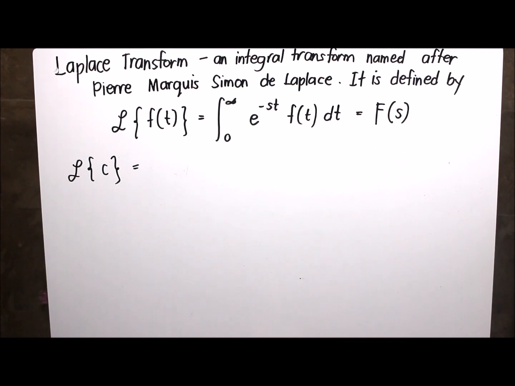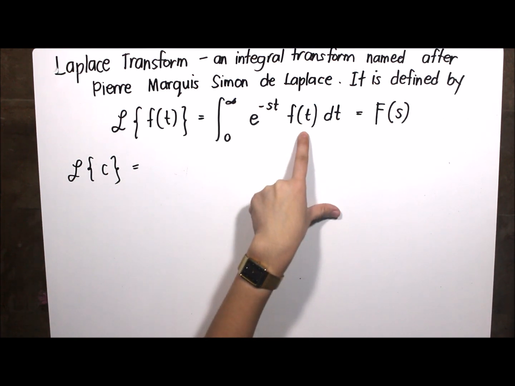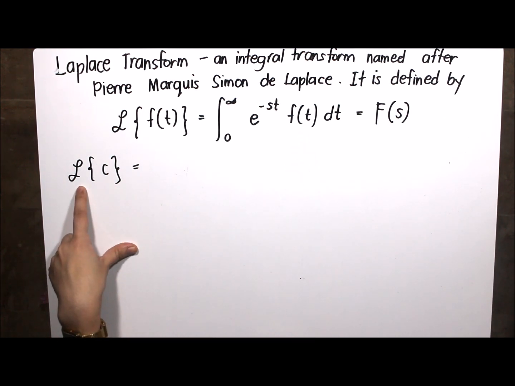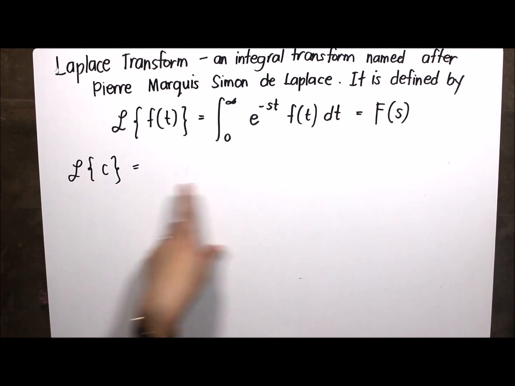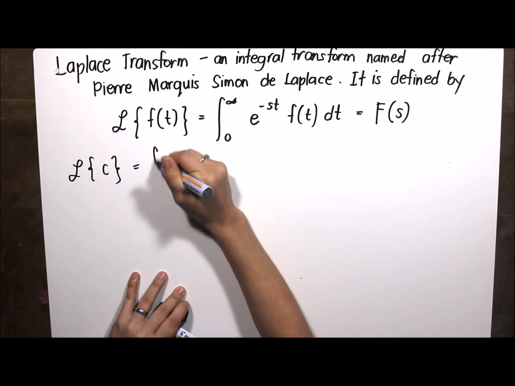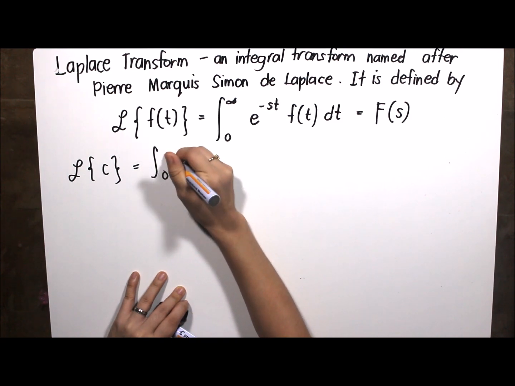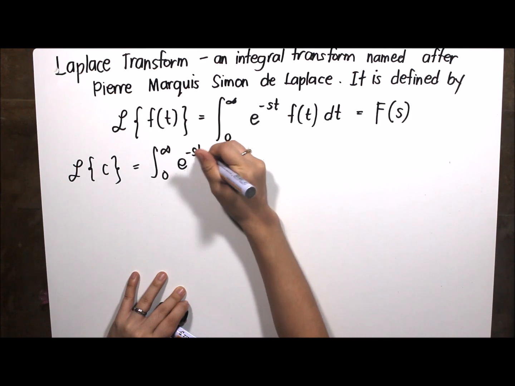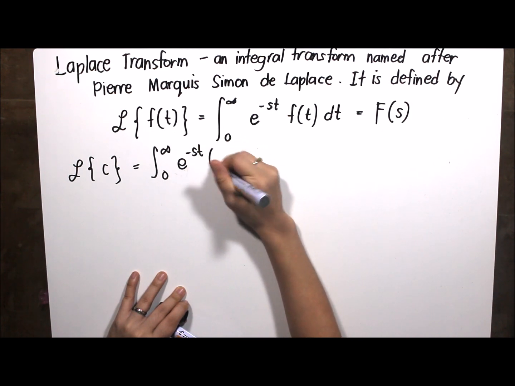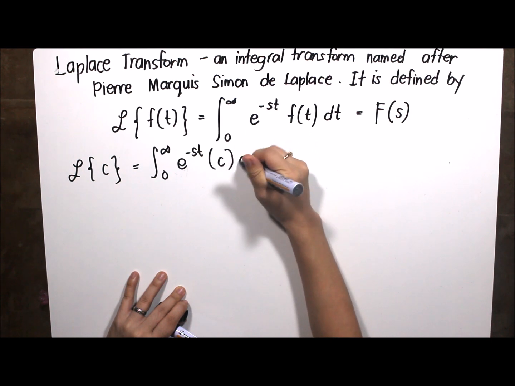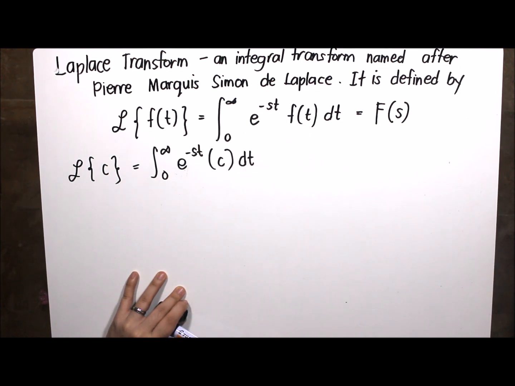Okay. For example, if our function of time is a constant, if we're going to take the Laplace transform of any constant c, applying the formula, we will have an integral from 0 to infinity of e raised to negative st multiplied by the constant, which is our function of t, dt.